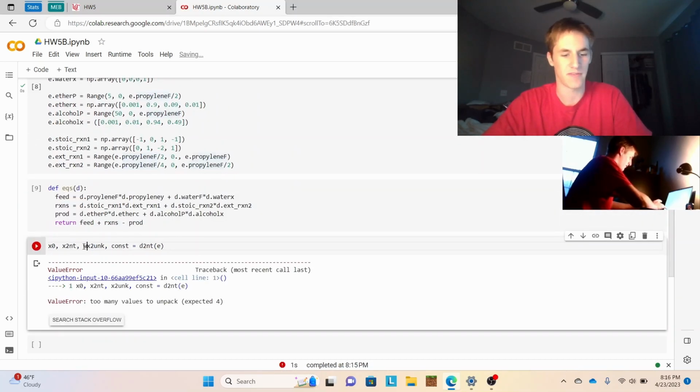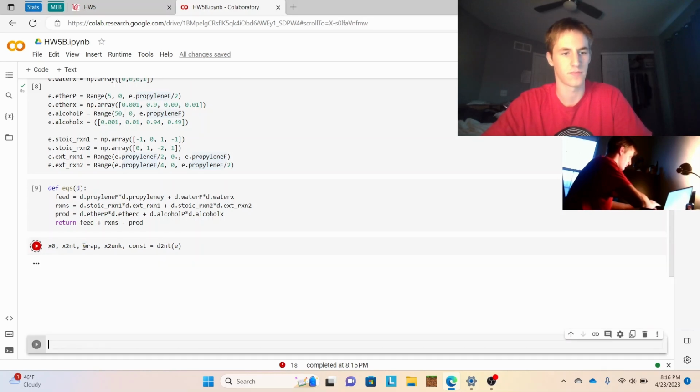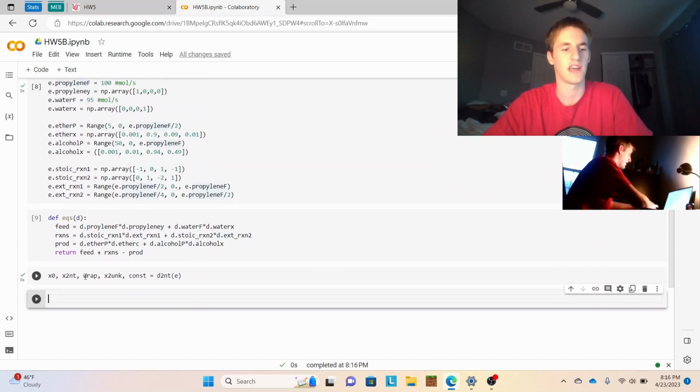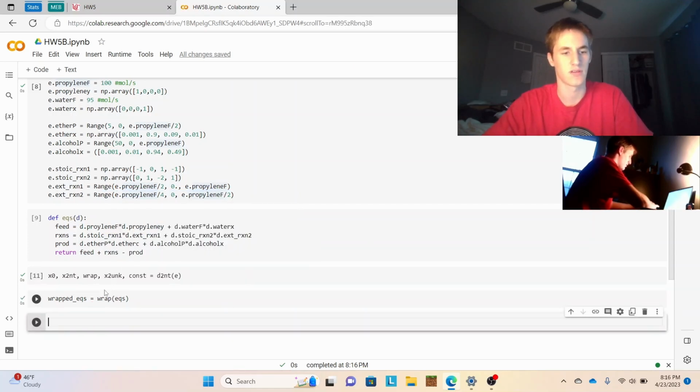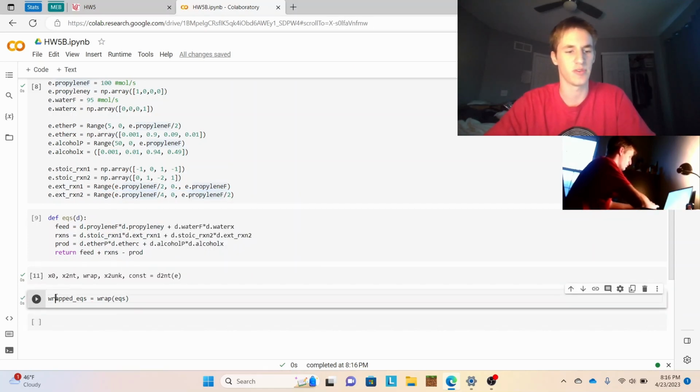I need the wrap function in here. All right. So now with this wrap, right, we can say our wrapped equations equals wrap of equation. Right. So this is what we will use for our root solver.